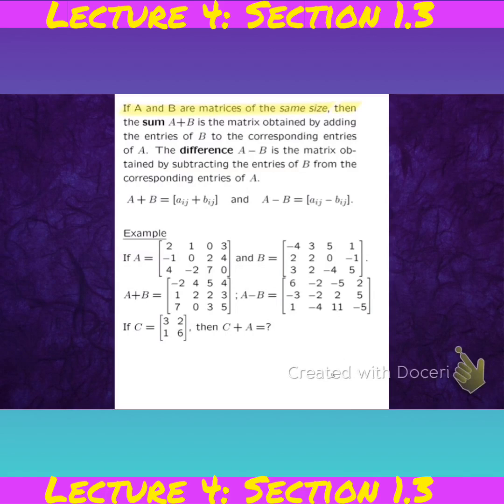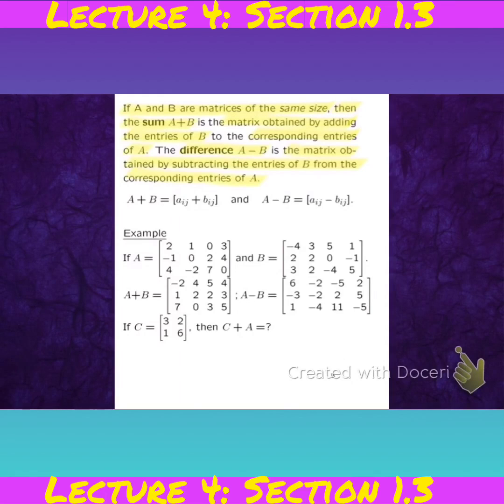Then the sum of A and B, denoted by A plus B, is the matrix obtained by adding the entries of B to the corresponding entries of A, and the difference, denoted by A minus B, is the matrix obtained by subtracting the entries of B from the corresponding entries of A.